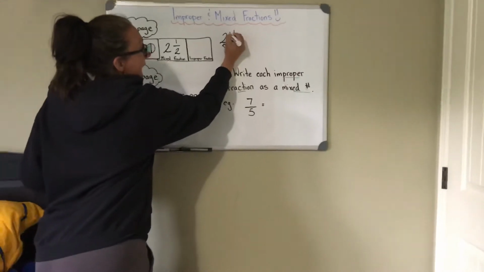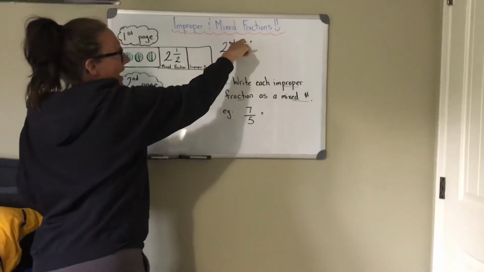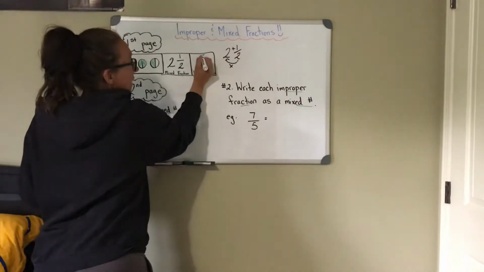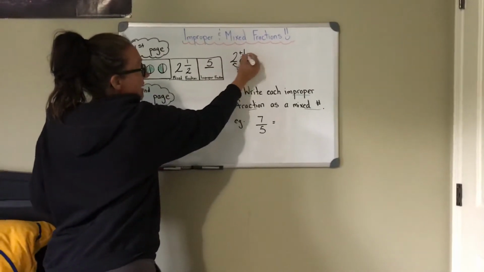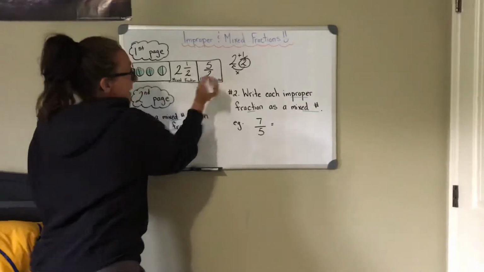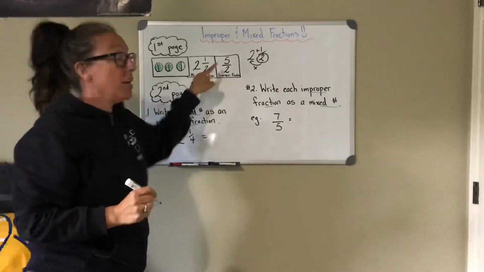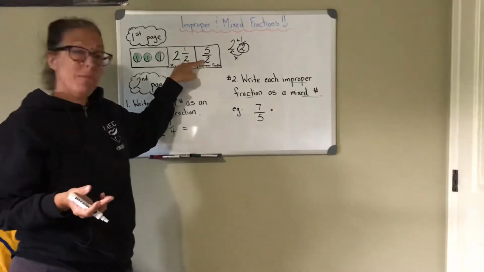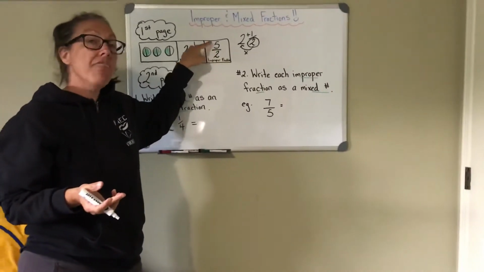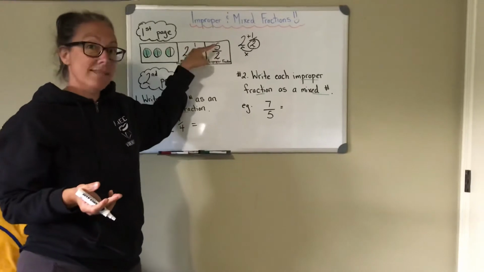Then you have to add the numerator at the top, which is 5, over, and this number, the denominator, always stays the same, and that's your improper fraction. And an improper fraction simply states that the denominator is smaller than the numerator. So that's why it's improper.